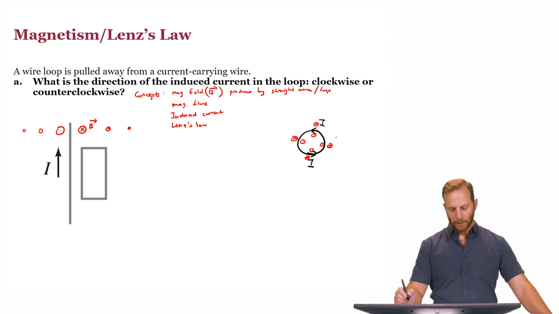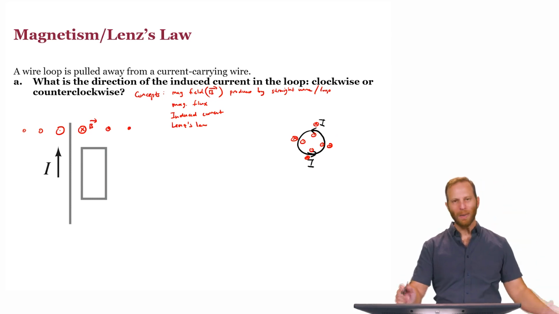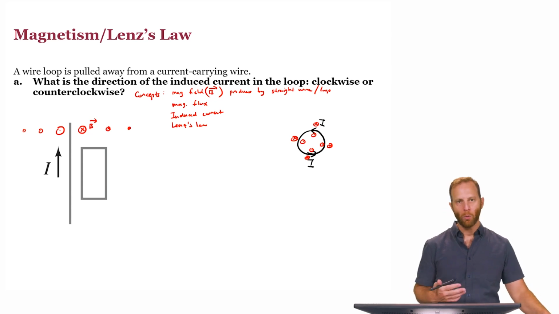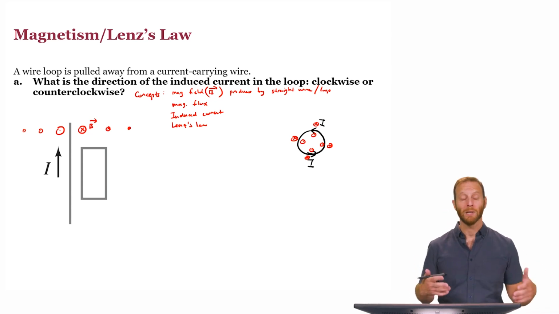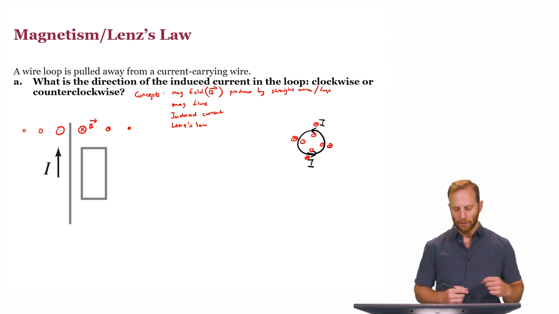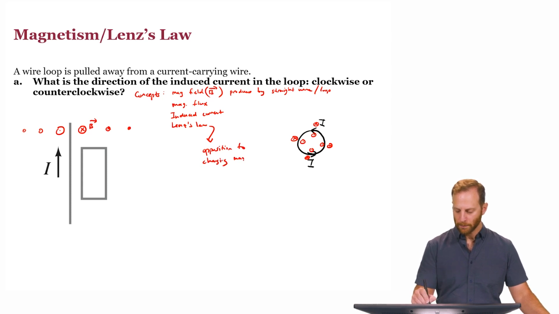Okay, so that said, we are now ready to talk about the induced current and Lenz's law. What Lenz's law says is that when there is a loop of wire with a changing magnetic flux, there is opposition to changing magnetic flux.